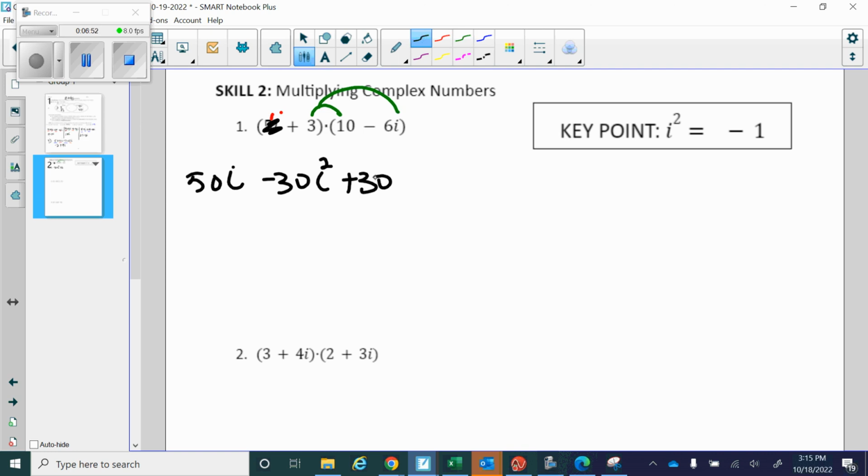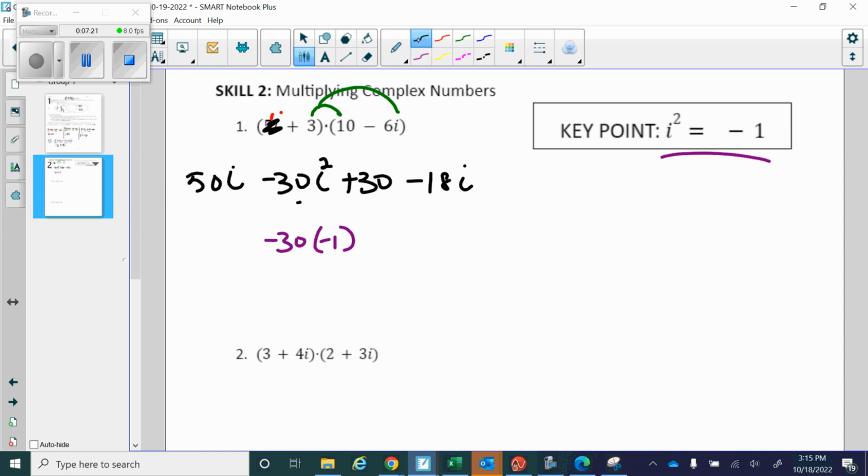And then 3 times -6i is -18i. Now, i squared is -1. So therefore, I can write this as -30 times -1 because i squared, right, is -1. That's going to give me a positive 30.